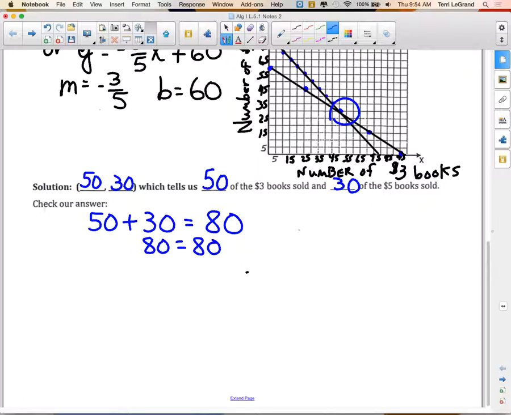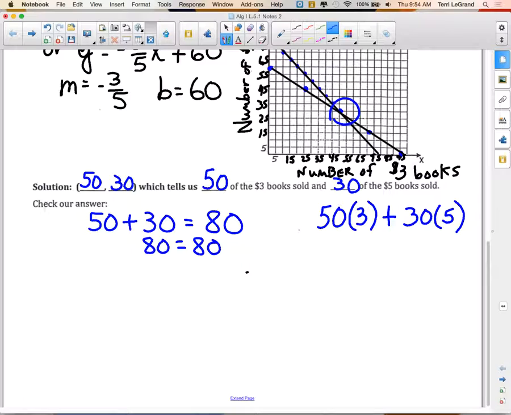So if we take 50 times the price of the $3 books, so we have 50 books that are $3 a piece. We have 30 books that are $5 a piece. What do we get?